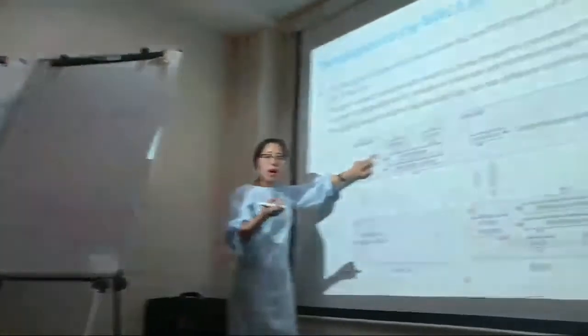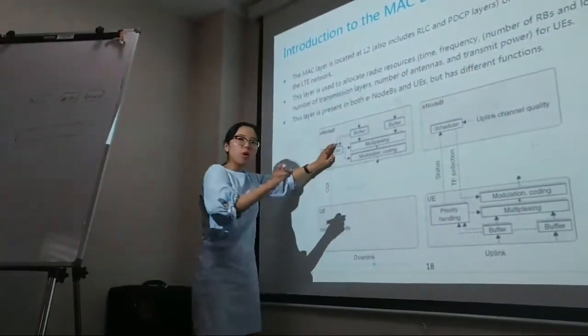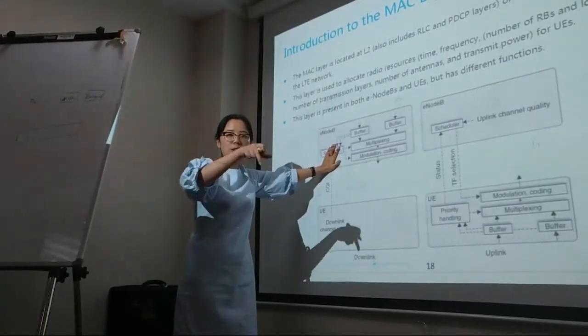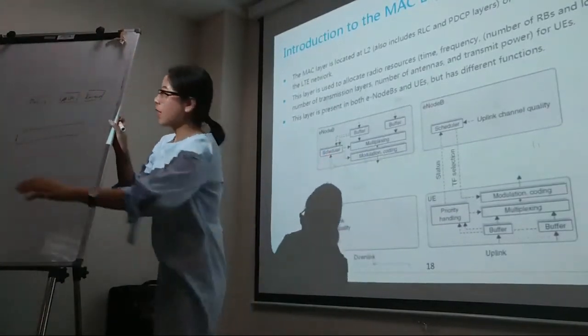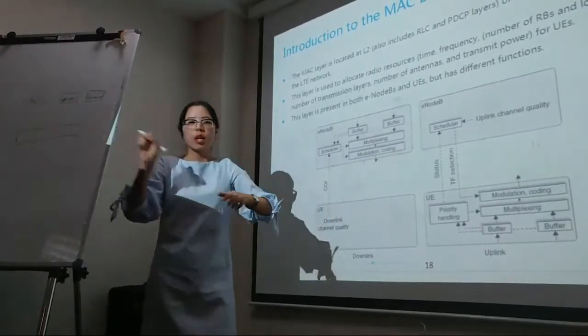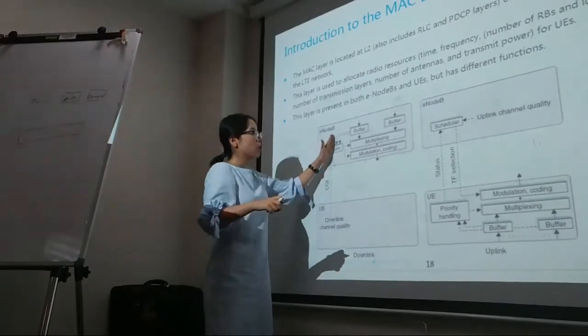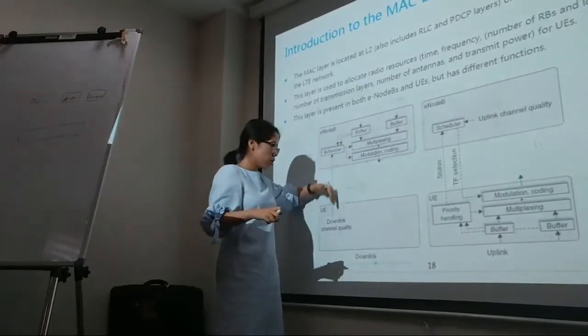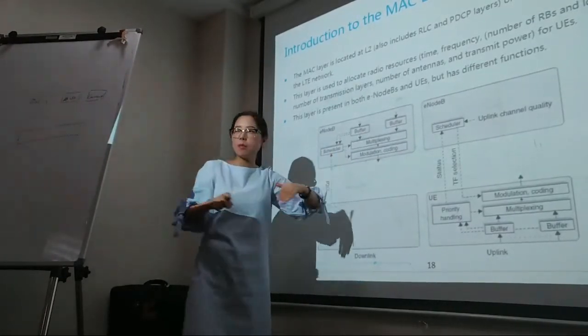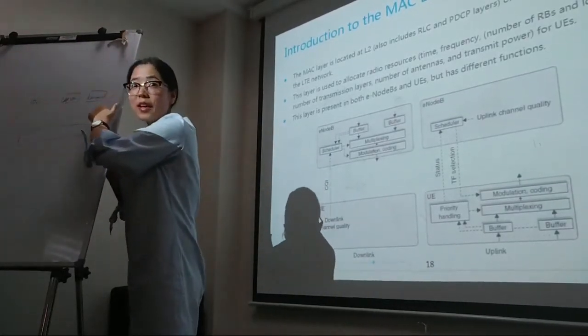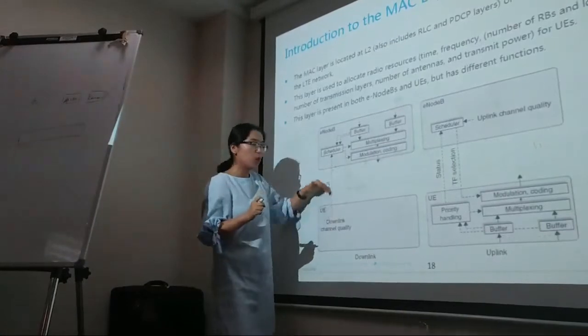We have many different UEs. For example, if the paging is for all the UEs, maybe it will not use the scheduler and not go according to the UE. But if it's dedicated signaling or dedicated traffic, I need to go according to the UE.